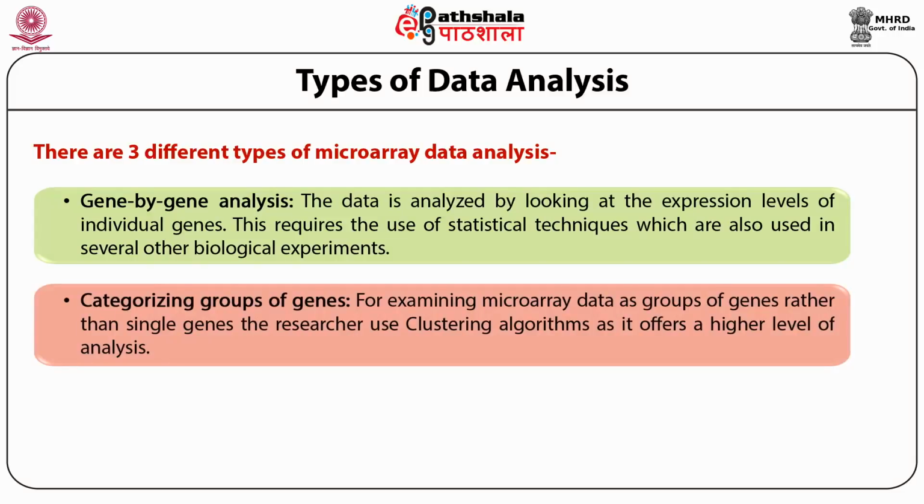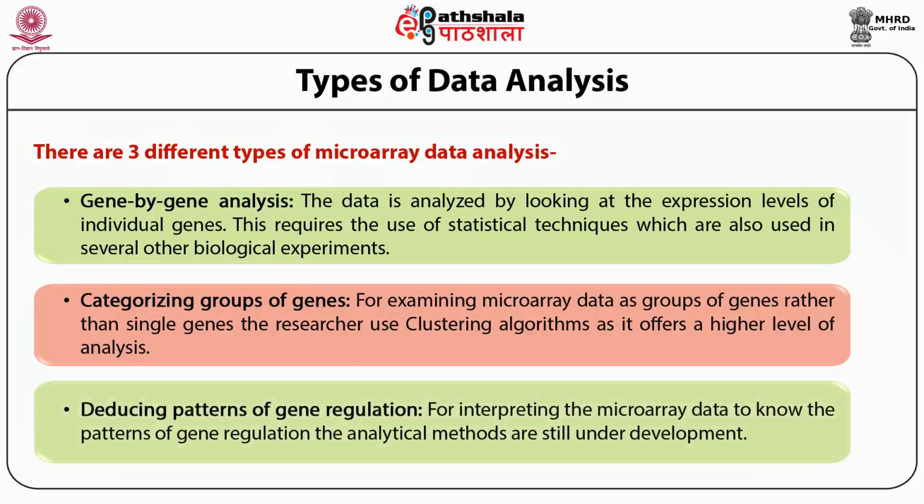Here, for examining microarray data as groups of genes rather than single genes, the researchers use clustering algorithms as it offers a higher level of analysis. The third is deducing patterns of gene regulation. For interpreting the microarray data to know the patterns of gene regulation, the analytical methods are still under development.